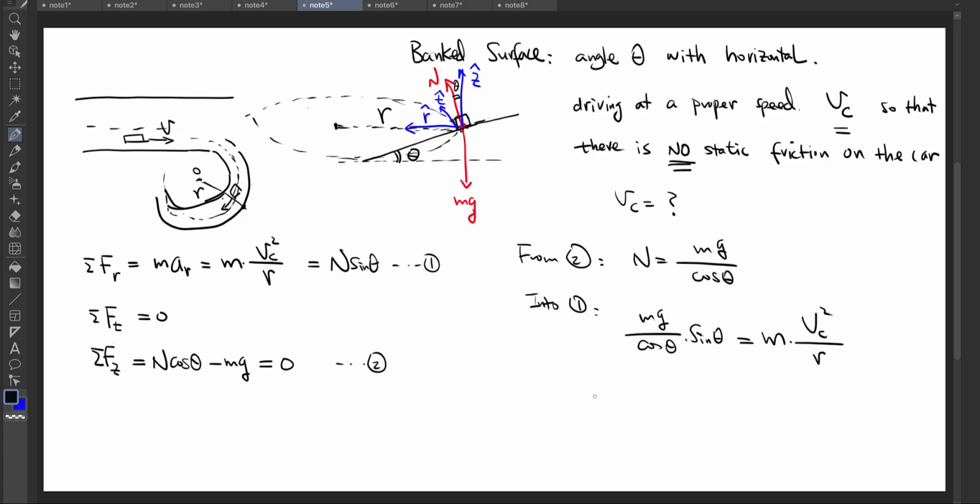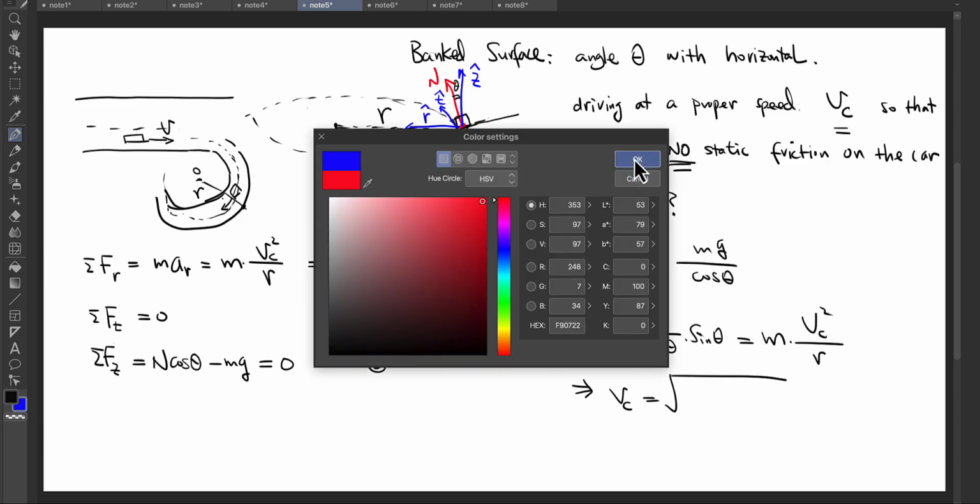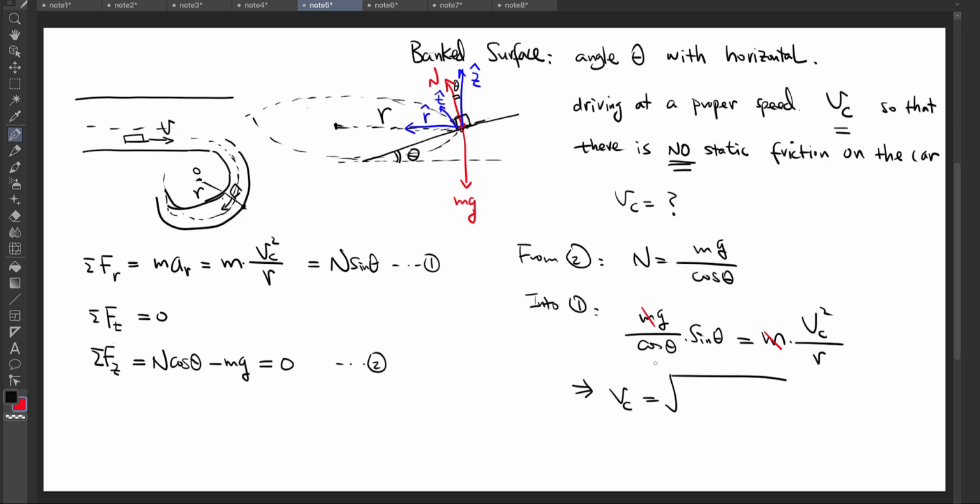Now from there I can solve for Vc. So Vc equals the square root of, by the way, the m's cancel out, and sine theta over cosine theta becomes tangent theta, so we have g r tangent theta. That's Vc, the proper speed when there's no static friction.